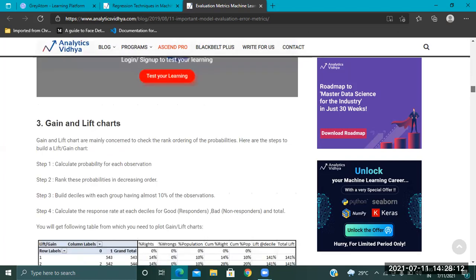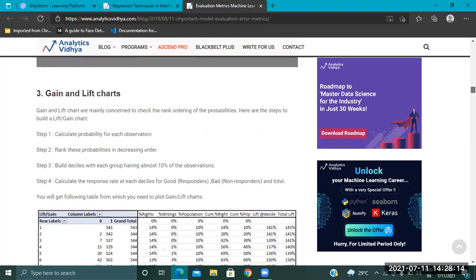After that, gain and lift charts. Majorly for these gain and lift charts, we will use overall probabilities, find the probabilities and give the rankings. Based upon the rankings, we will draw the gain and lift charts.